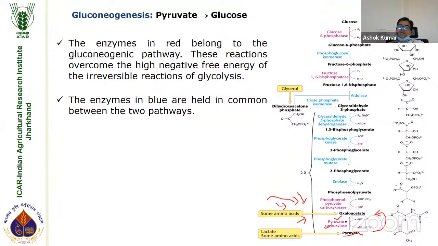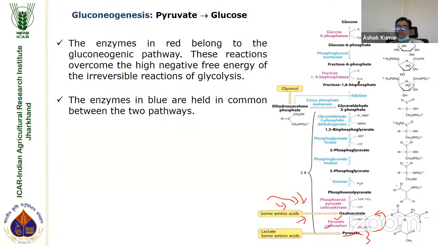When it is converted into oxaloacetate, oxaloacetate can directly enter the gluconeogenesis process, whereas when it comes from other amino acids, it can be converted into pyruvate, and pyruvate will enter the gluconeogenesis process.